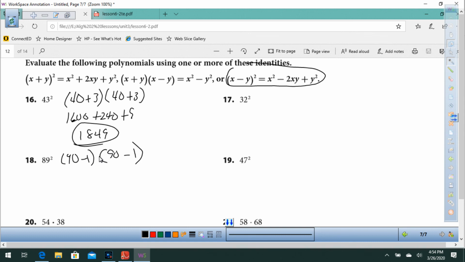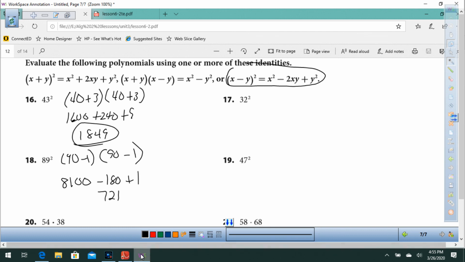Well, 9 squared is 81, and you got 2 zeros, 8100. And then negative 1 times 90 is negative 90. 2 times, that would be minus 180. And then y squared negative 1, that's going to be plus 1. So I'm looking at 721.